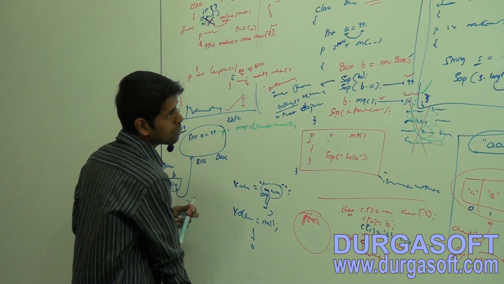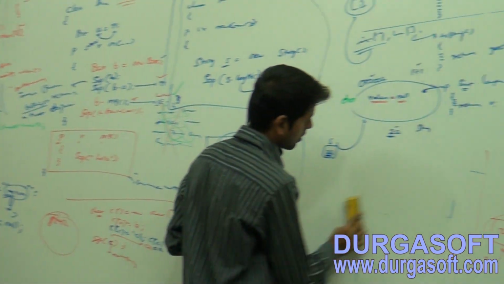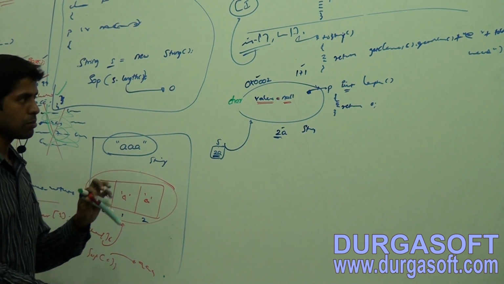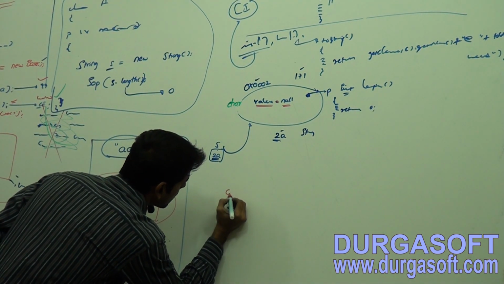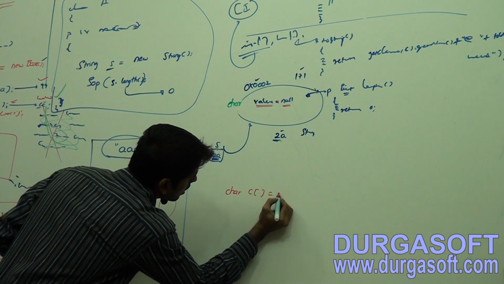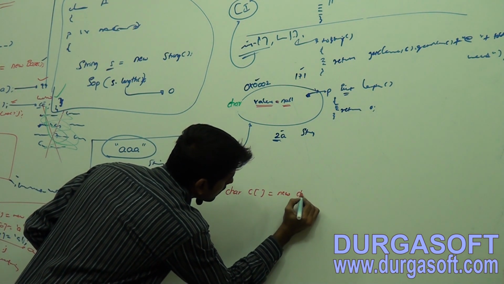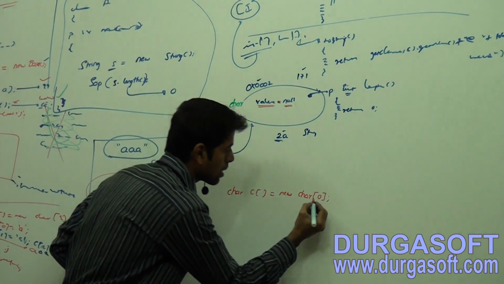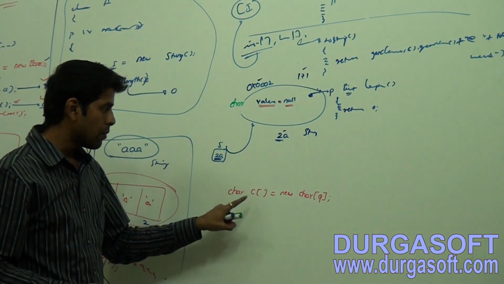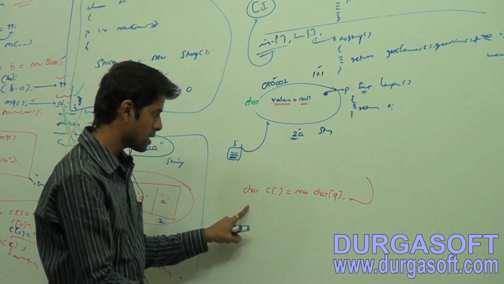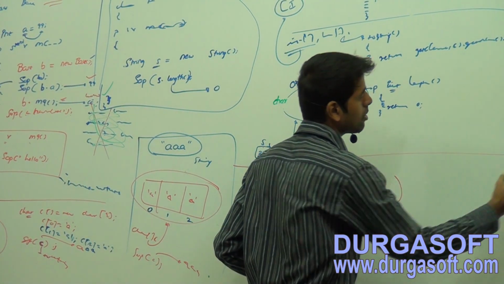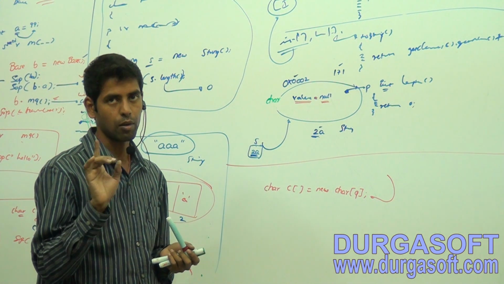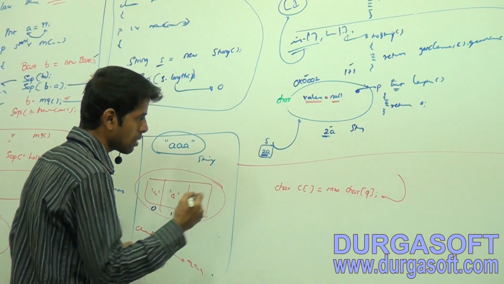Now observe this one, just a prerequisite, done simply. char[] c equals new char[9]. Whenever the JVM encounters this statement, what happens in memory?